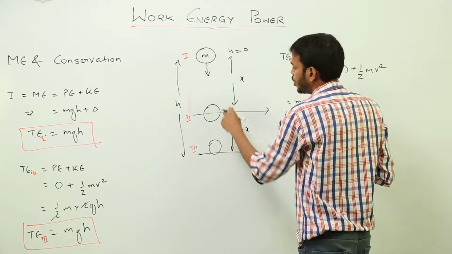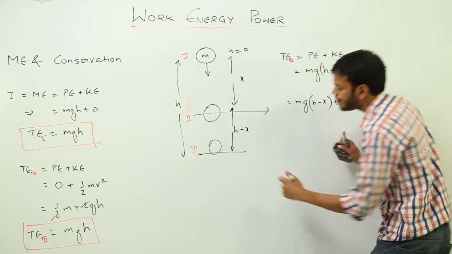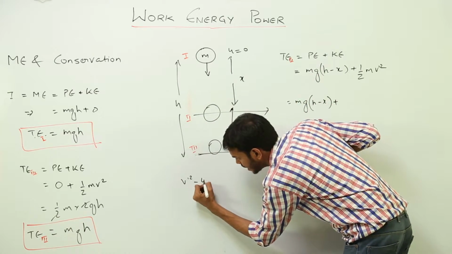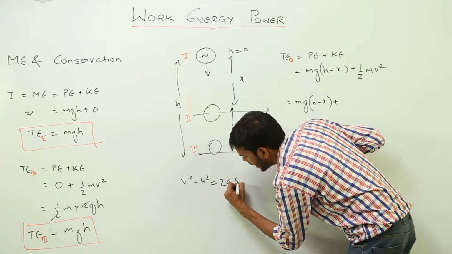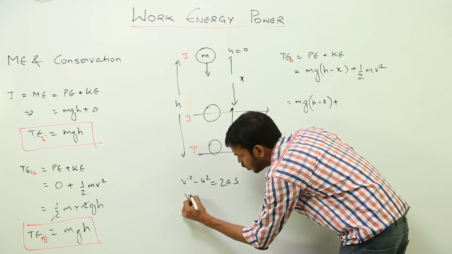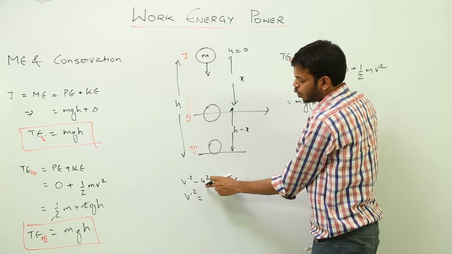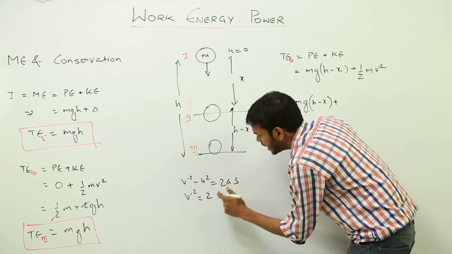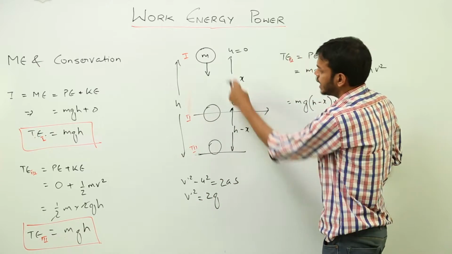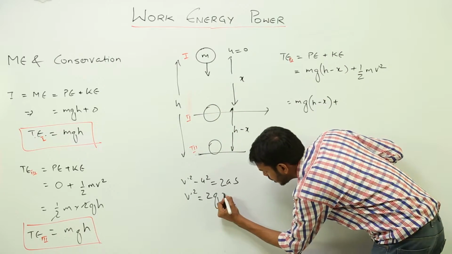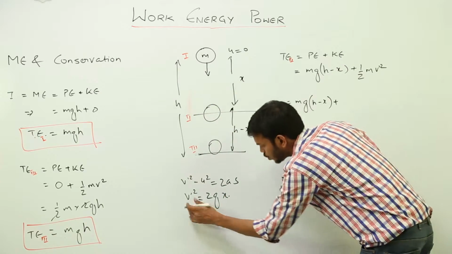Let's calculate using the same third equation of motion. V dash square minus u square is equal to 2as. U is equal to 0 because the object was initially at rest. A is acceleration due to gravity, and s is the displacement downwards, which is x. So v dash square is 2gx.